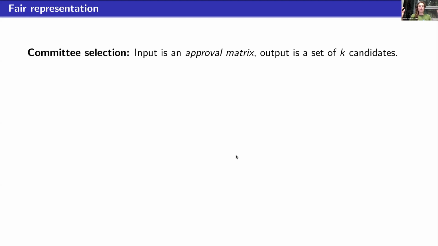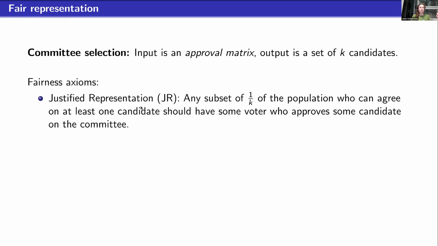So there are these axioms that are meant to say that different groups that have aligned preferences each deserve representation. And the two most basic ones are, this is the easiest axiom.